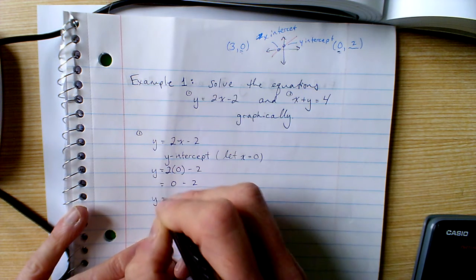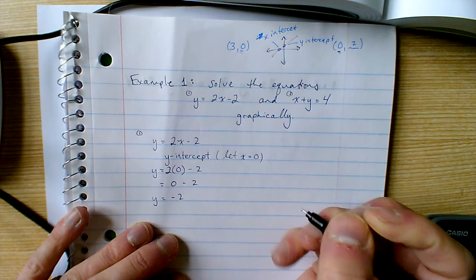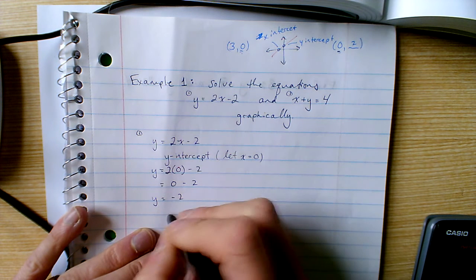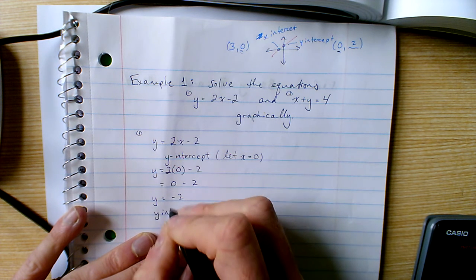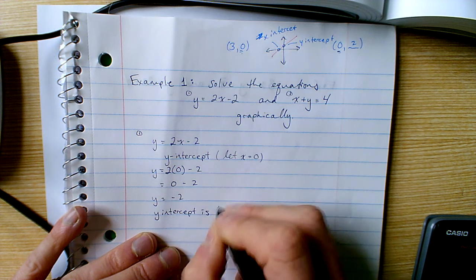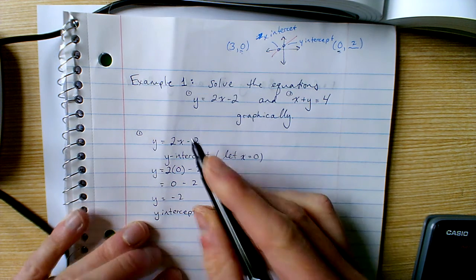And our y value is negative 2, because 0 minus 2 is negative 2. So our y-intercept is 0, negative 2.